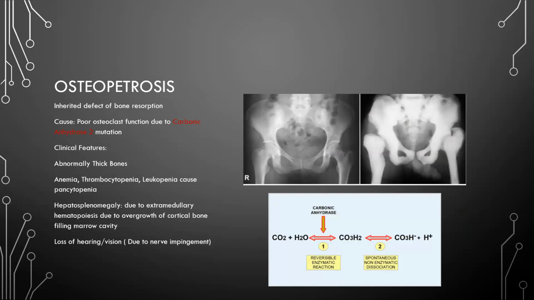Osteopetrosis. This is an inherited defect of bone resorption because you have defective osteoclasts. This is due to carbonic anhydrase 2 mutation most of the time, and it's an inability to form the ruffled membrane.